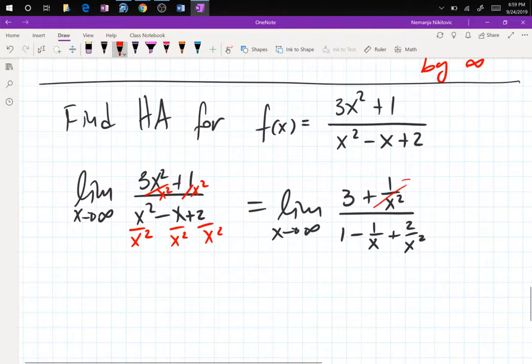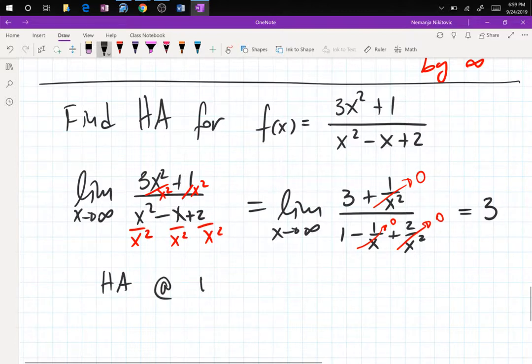Therefore, each one of them becomes a 0 because you are dividing 1 or 2 units of something infinitely. So the answers are all infinitely small, which means 0. And you are left with 3 over 1, which is 3. So we say horizontal asymptote at y equals 3.